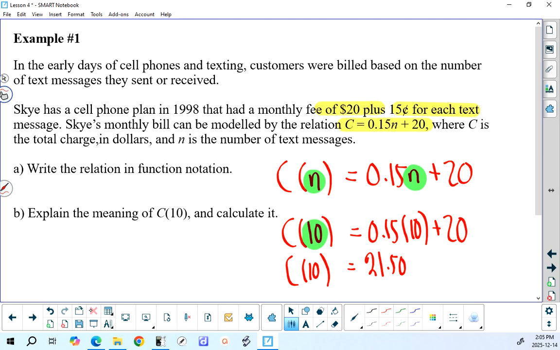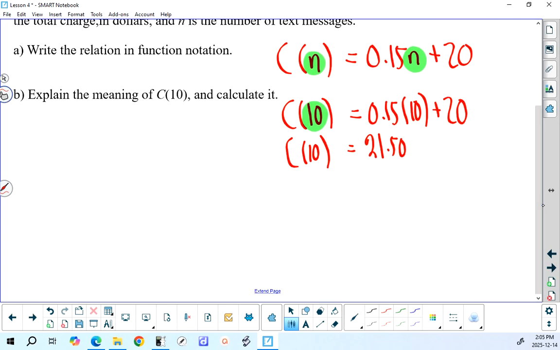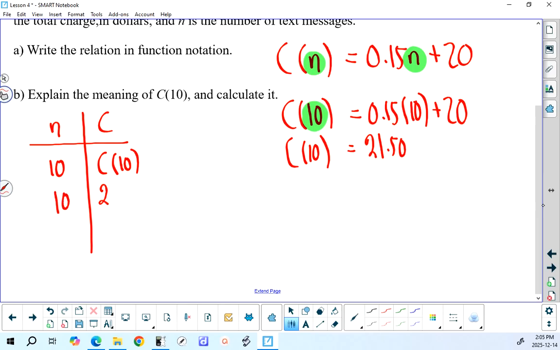So what is the meaning of C of 10? The meaning is this. If we make a table of values, when I put 10 in here, the y coordinate is C of 10. Or when I put 10 in here, I get 21.50.